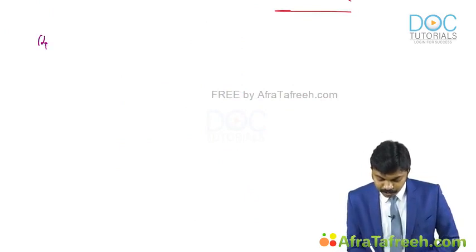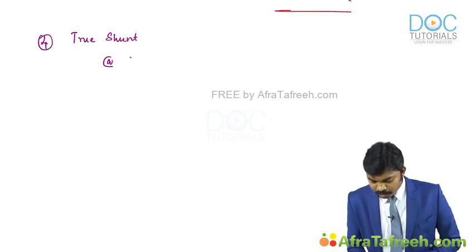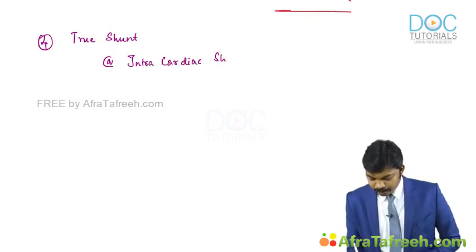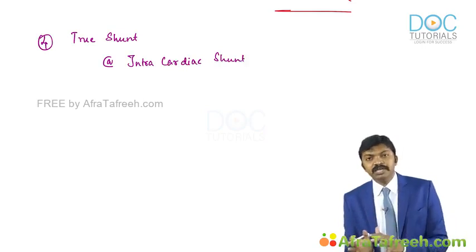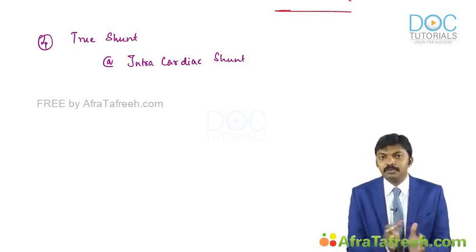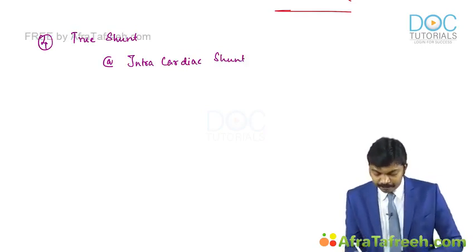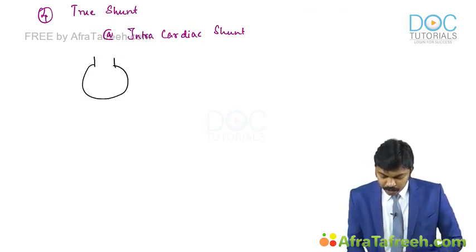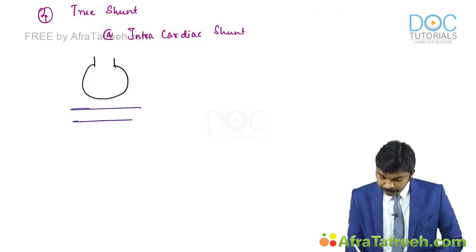Point number 4 is true shunt, which is also called intracardiac shunt. Here, the oxygenation from alveolus to pulmonary capillary is absolutely fine. We have normal alveolus, normal pulmonary capillary.